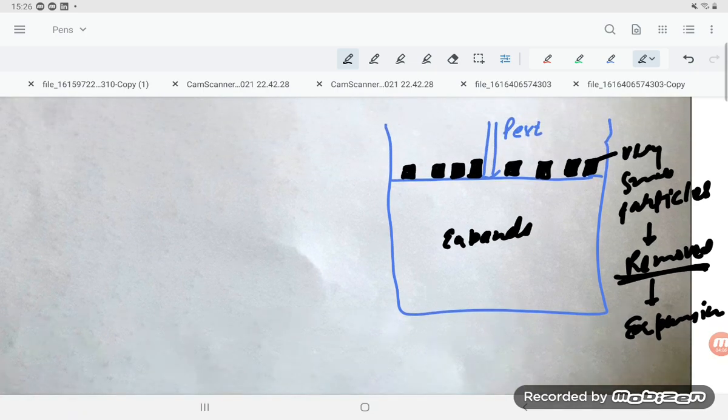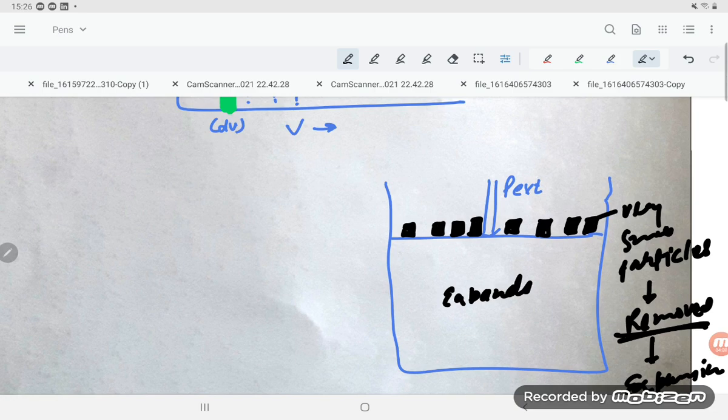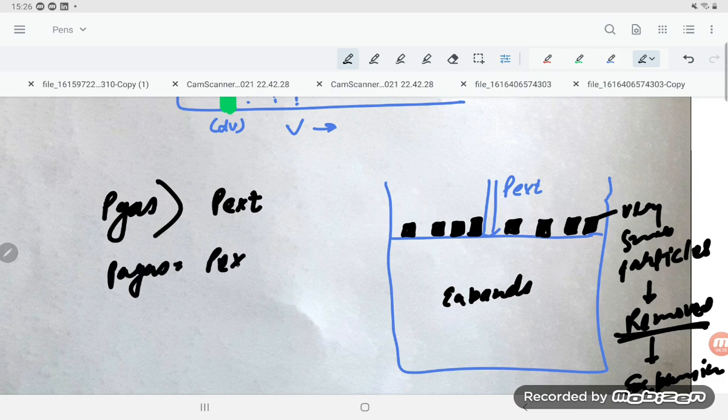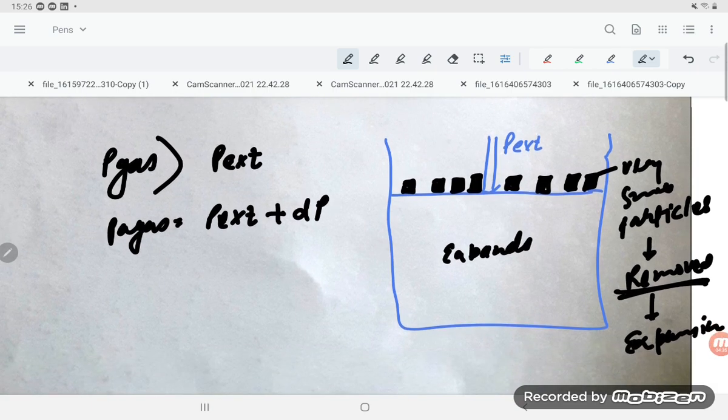In this case, when you remove the particle, the pressure of the gas inside will be higher than the outside. So P gas is greater than P external. P gas will be P external plus the small p, whatever particle we removed, which we have to add on.